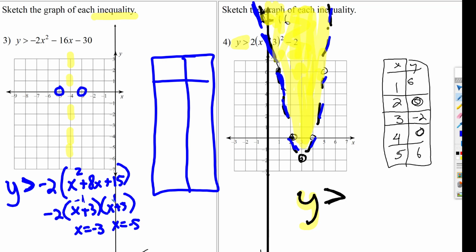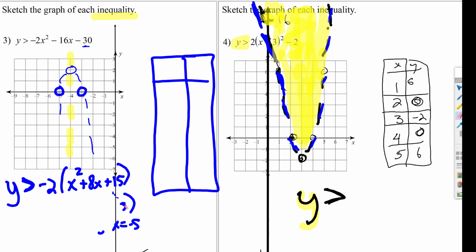Negative 4 plus 5 is 1. Negative 1 times positive 1 is negative 1. Negative 1 times negative 2 is 2. So this graph is going to be doing this, and all the way down here at negative 30, I'm going to put a hollow dot all the way down here at negative 30.